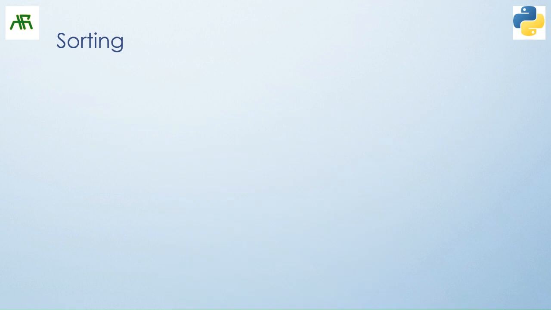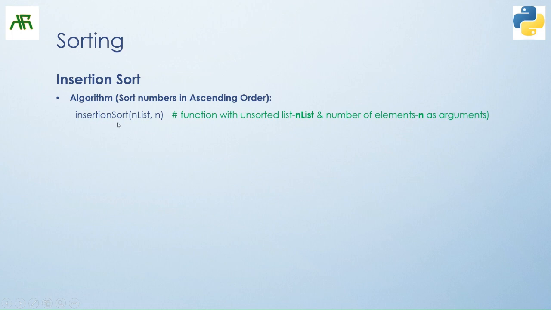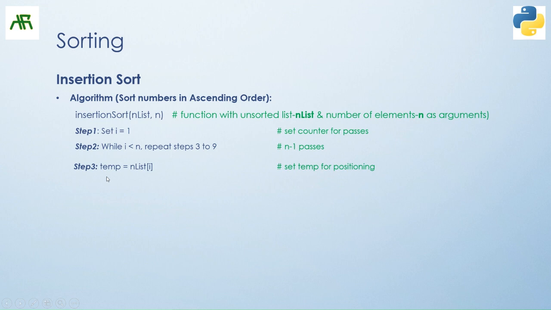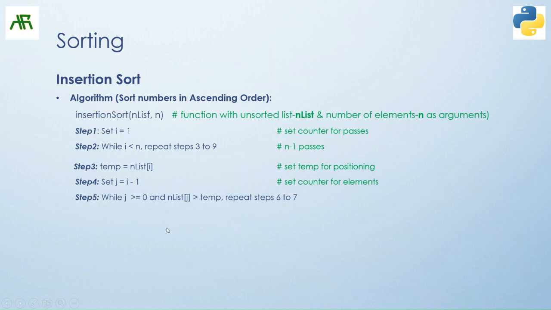Here is the algorithm. Create a function insertion sort with the list name and the number of elements. Set I equal to 1. While I is less than n, repeat steps 3 to 9. Create a temp element for positioning of elements. Set j equal to I minus 1.